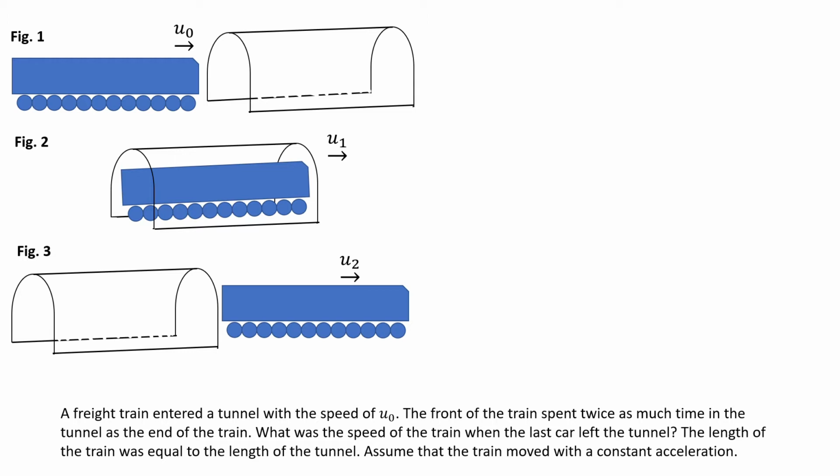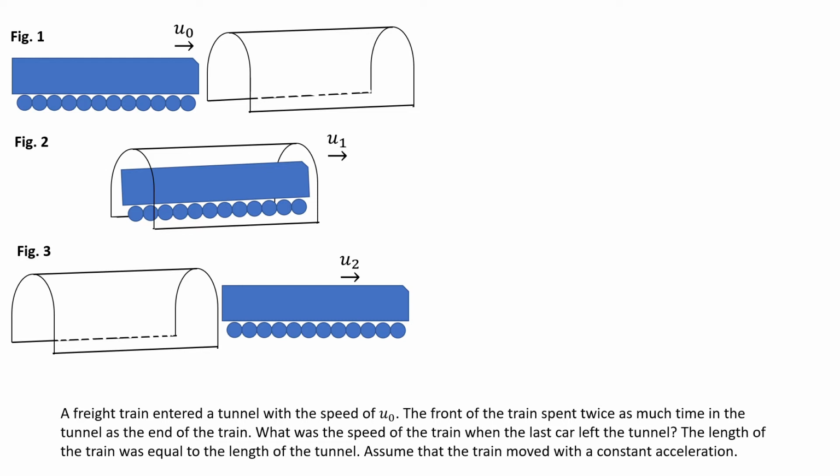Since the length of the train is the same as the length of the tunnel, when the front of the train is getting out of the tunnel, the back of the train is just getting into the tunnel. And the last situation is the very end, figure 3, where the back of the train just came out from the tunnel. In this case, the velocity of the train is u2.